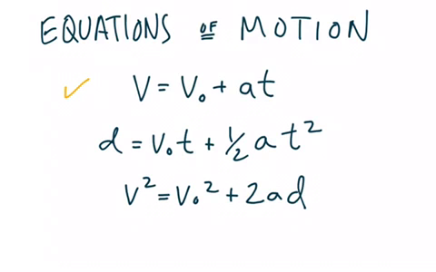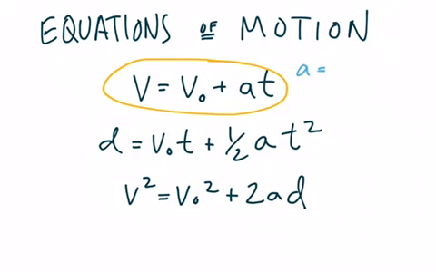And here you have it, the 3 equations of motion. Let's take a look at this first one right here. This one is actually quite familiar, because if you consider just the definition of acceleration, you would recall that a equals change in velocity divided by time. But we can write change in velocity like this.